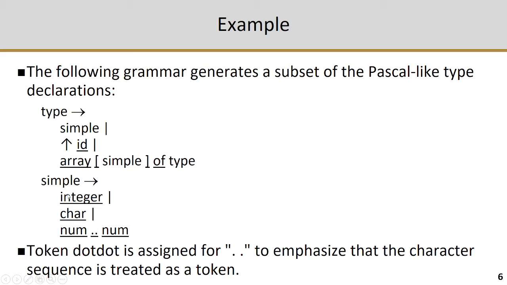A simple type can be an integer, a character, or a number interval. And in the case of an array, we have to have the type of the elements and somehow the interval of the elements defined.